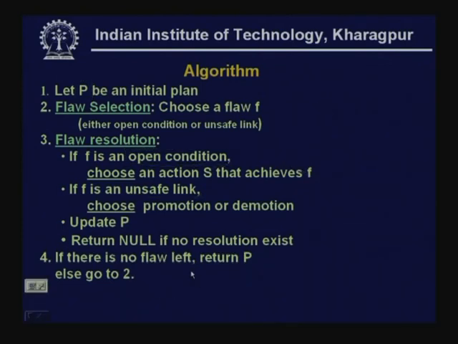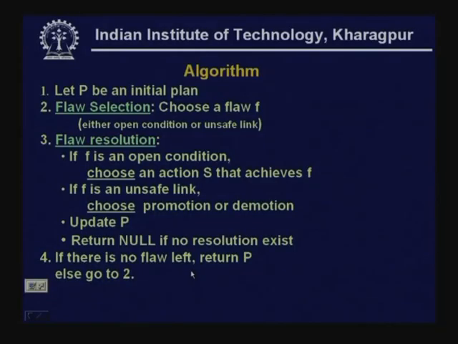Okay. So, is this algorithm clear to you? We start with an initial partial order plan which consists of the initial state I and the goal state G. The goal state has the desired propositions given as a goal as its open condition. The initial state has the initial state description as its effect. Now, our algorithm will choose a flaw. Our flaw is either an open condition or an unsafe link.